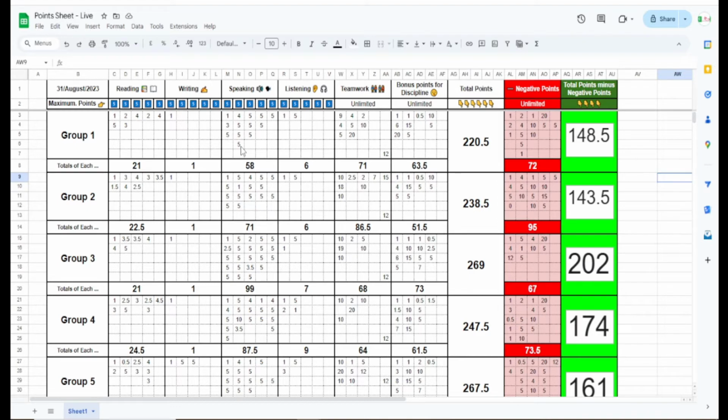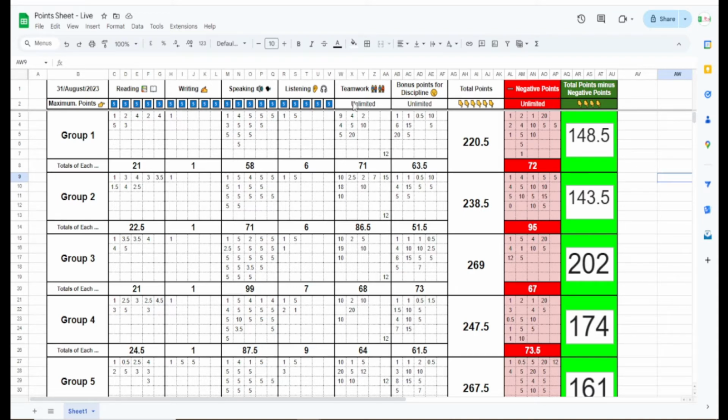For all these things I have made different columns with groups of cells to give them marks, with a maximum of 5 points in each.